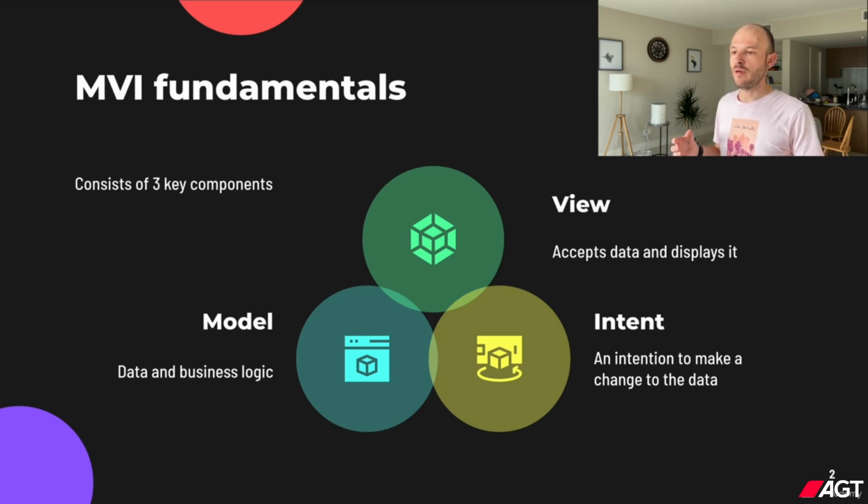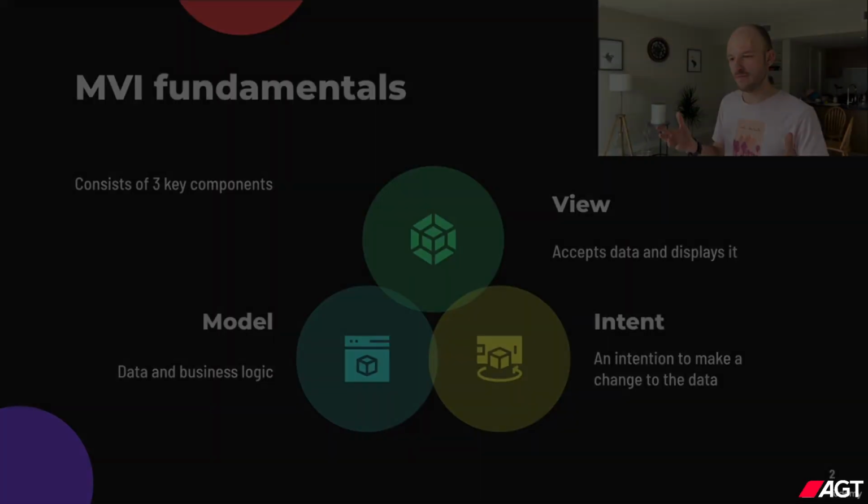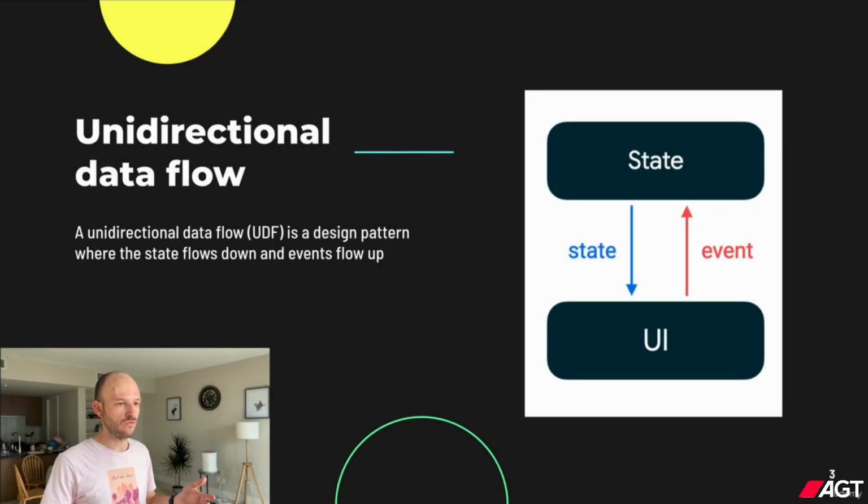For example, application A can try to open the Gmail application, but in this case, we should handle a case when Gmail is not installed. Or application A can just try to open any email application and the Android system will do the rest of the work. In MVI, intent is just the intention to make a change to the data by user or the app itself.